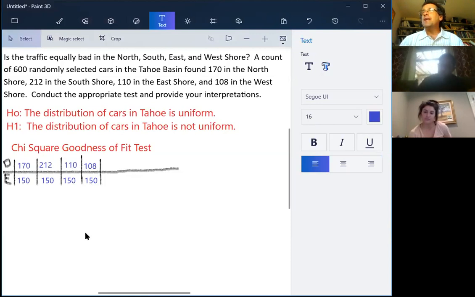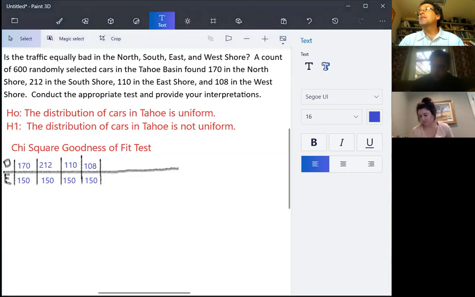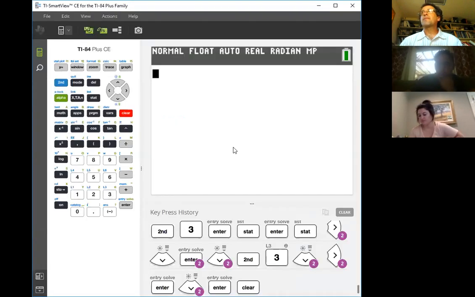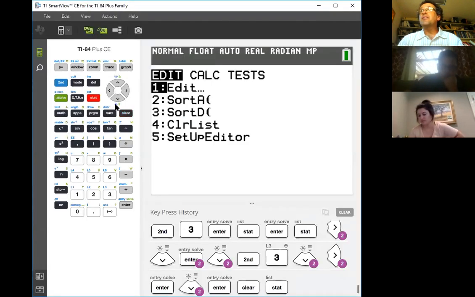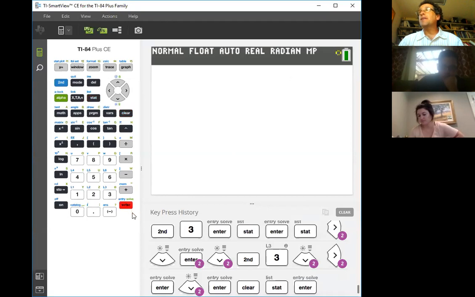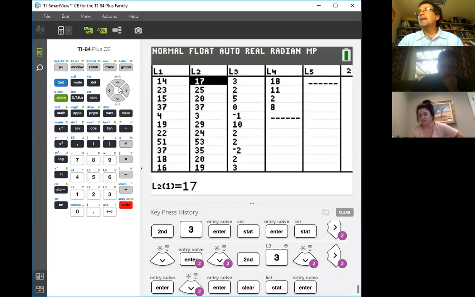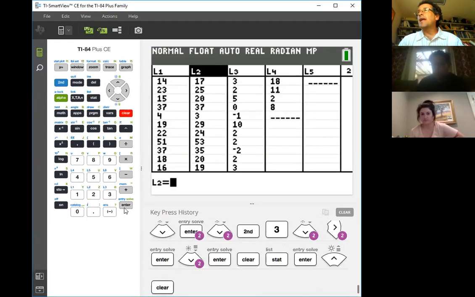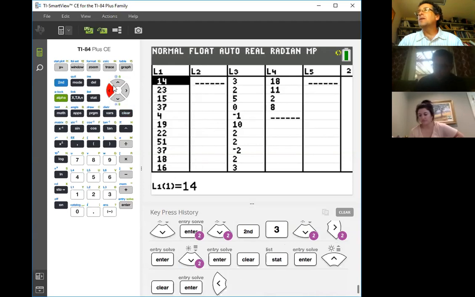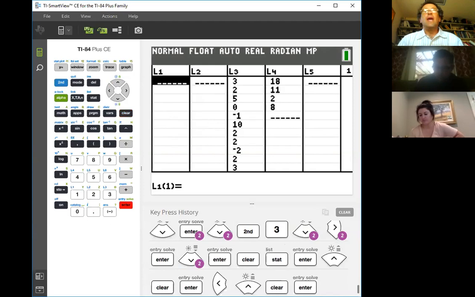Okay, so now I need to go to my calculator. The first thing I'm going to do is share my screen of my calculator. I'm going to go to Stat and Edit. I need to clear out L1 and L2. And then in L1, I just type my observed.